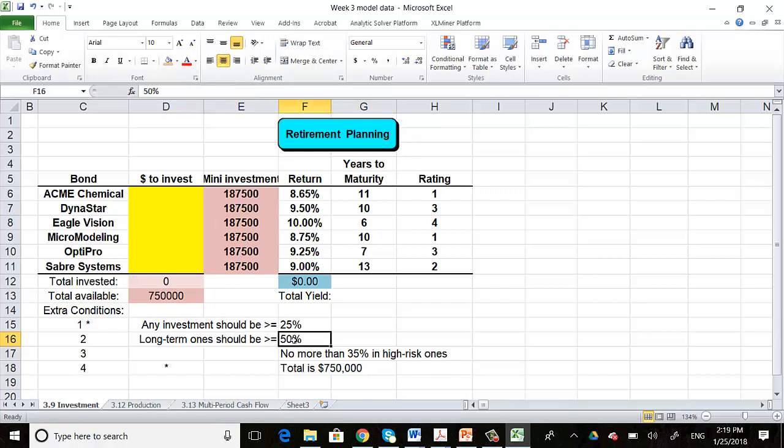Okay, so I want my long-term ones to be 50% of this 750,000.